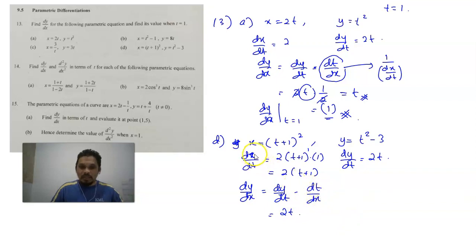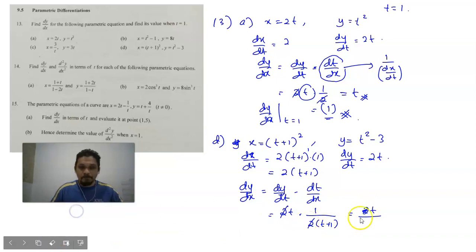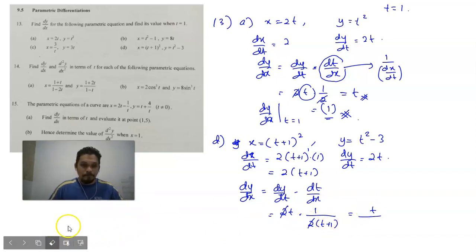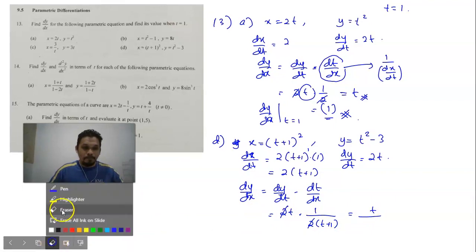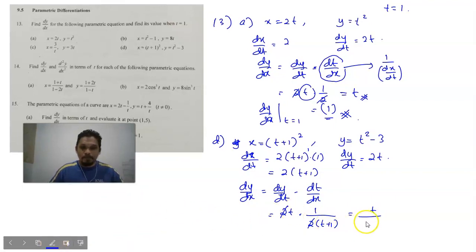And what we have here right now is dx/dt. So dt/dx is 1 over 2(t plus 1), multiplied. So it equals 2t divided by 2(t plus 1), 2 divided by 2, so we come out with t over t plus 1.